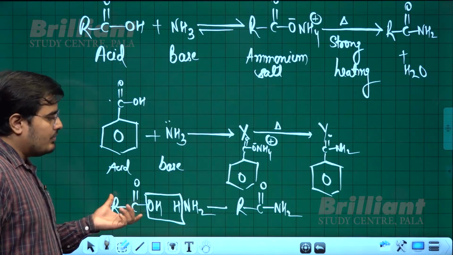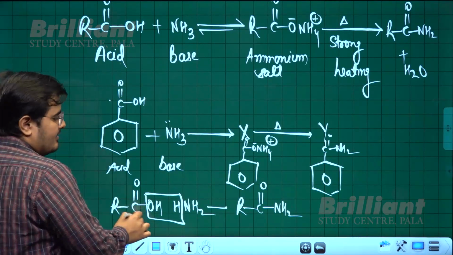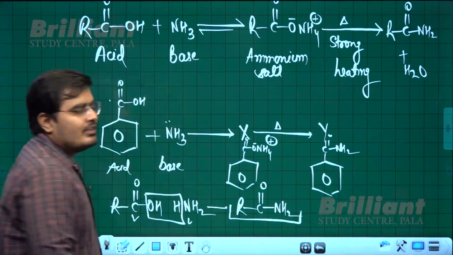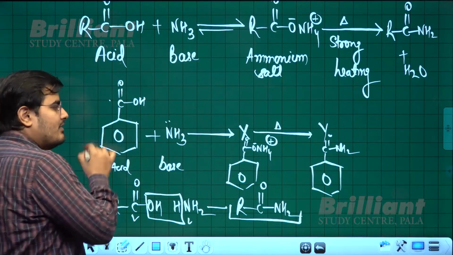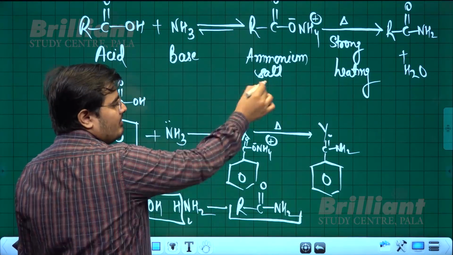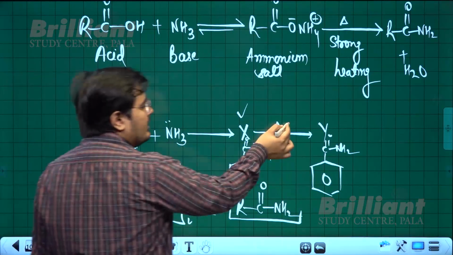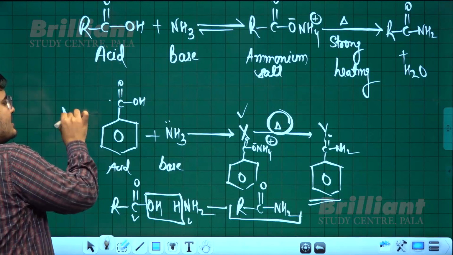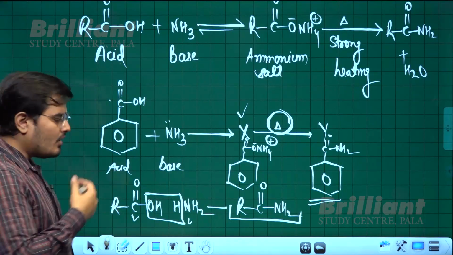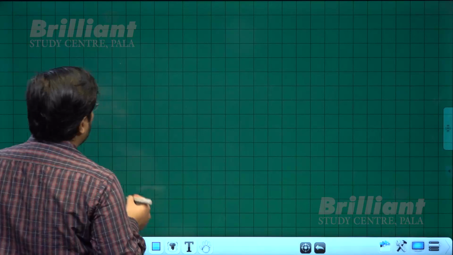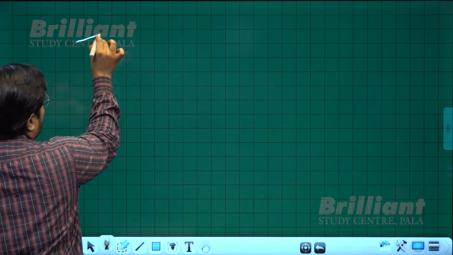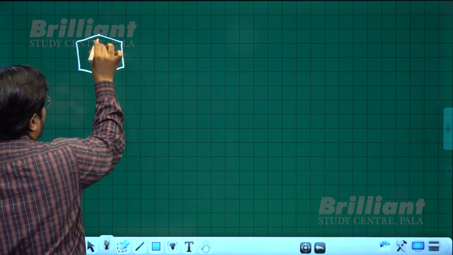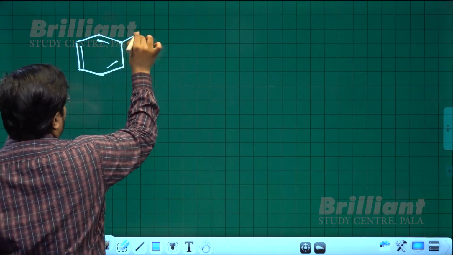Now, one thing you need to understand is that this reaction, the reaction of carboxylic acid with ammonia, will not directly yield amides. If you simply mix them together, they will form the corresponding salt, which only on strong heating will form amide, and this reaction is very important. For example, let's take phthalic acid.